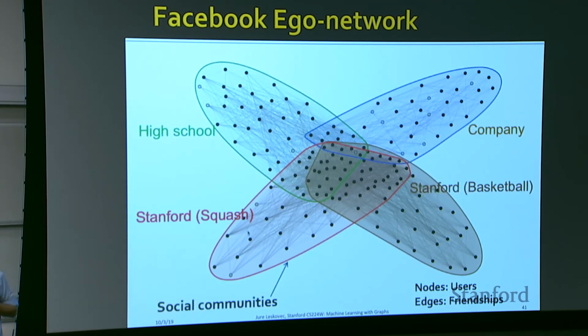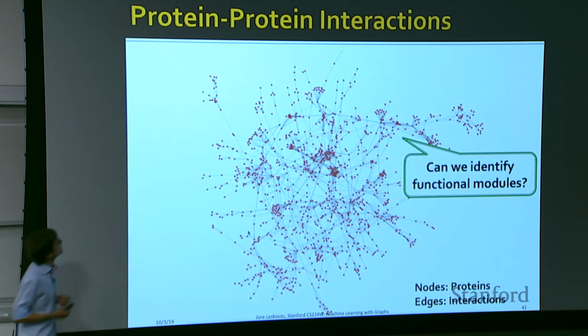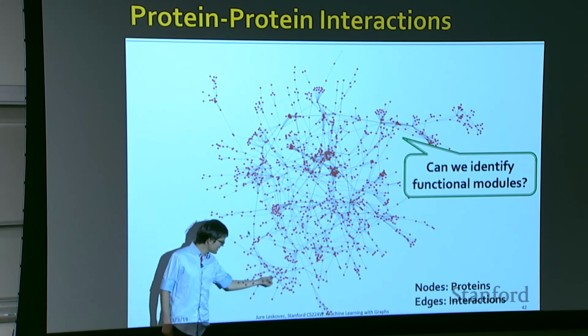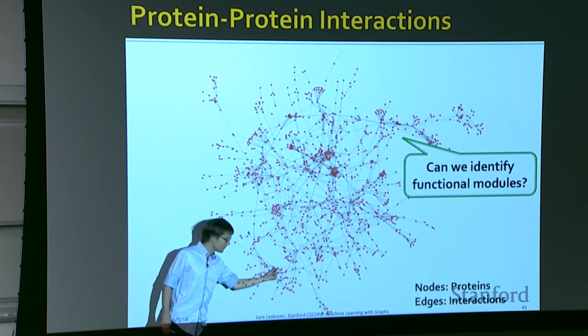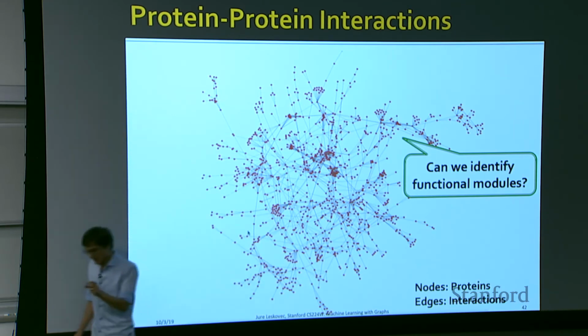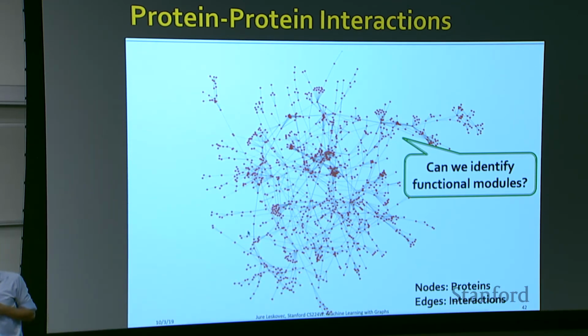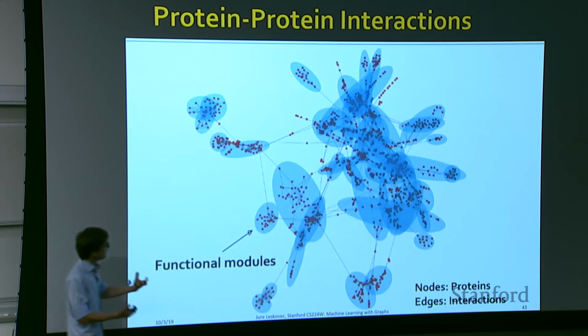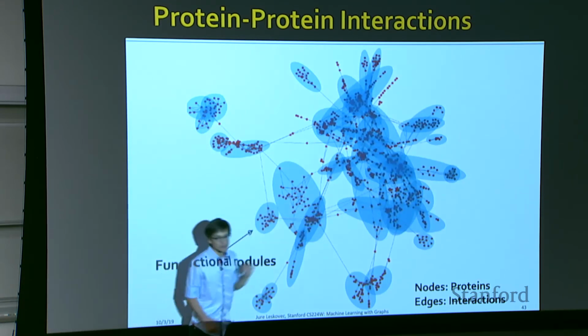The second thing I want to show you: these nodes are proteins, molecules in our cells, and 2 proteins are connected if they physically interact in the cell. The question is, can you identify communities or modules in this network? If you do it, here are the modules, and here is how they overlap.